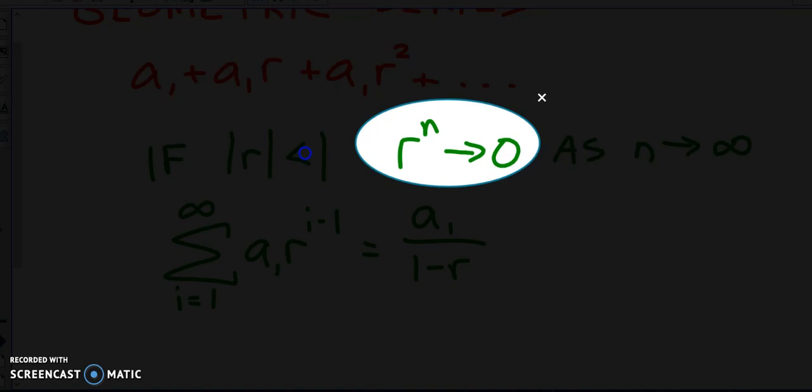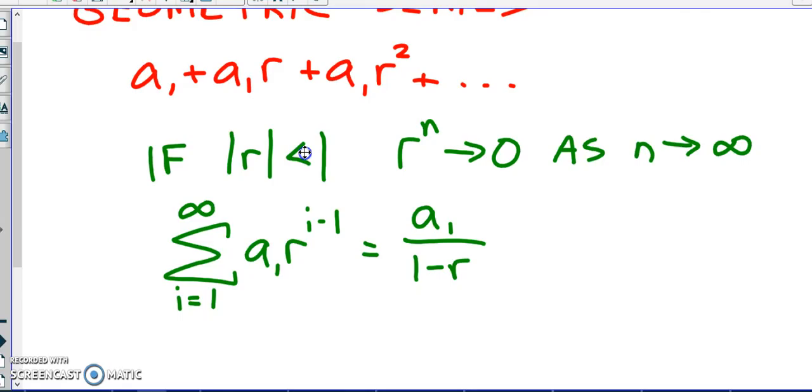Yeah, that right there. So that's why that part drops off.